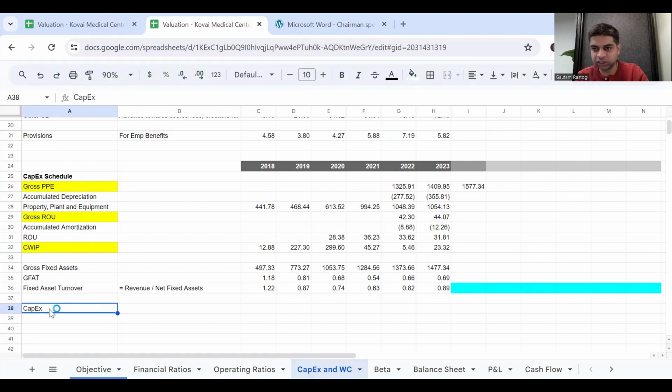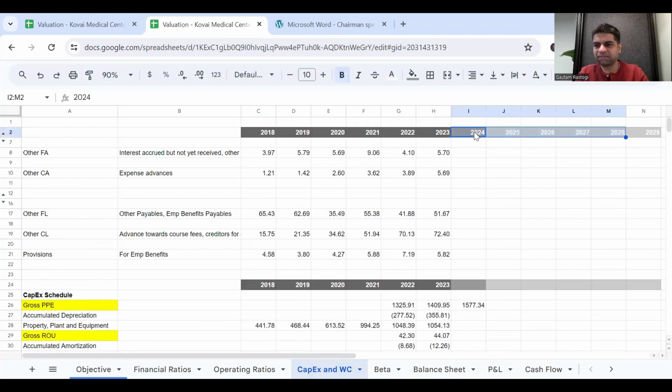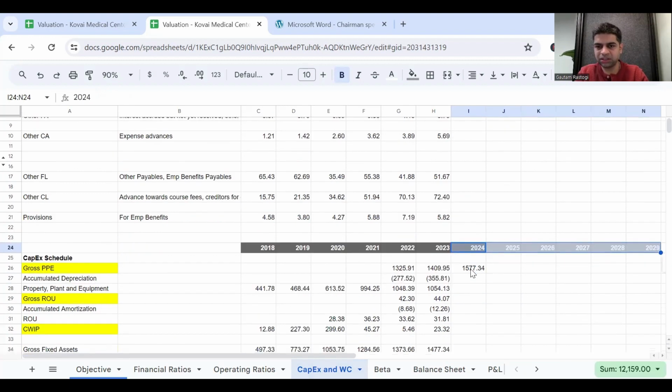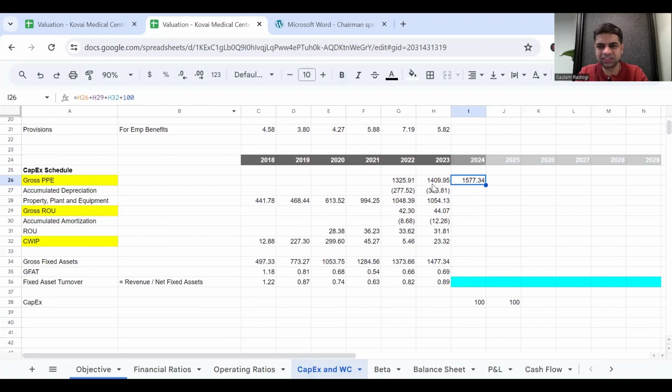If your balance sheet is not getting balanced and you have used a bunch of hard codes, it will take you a while to figure out why your balance sheet is not getting balanced and what really is happening. So no hard codes, please. So this is my capex assumption.